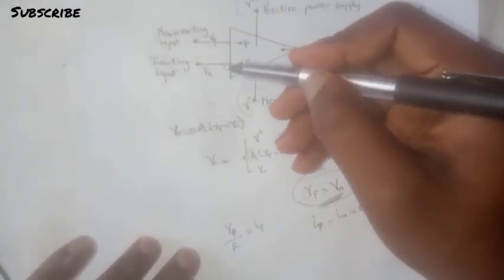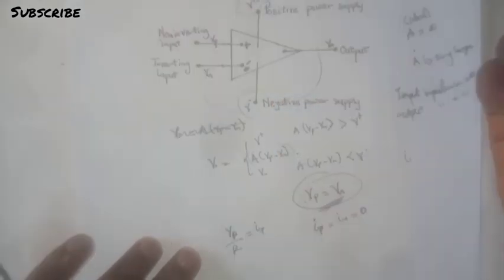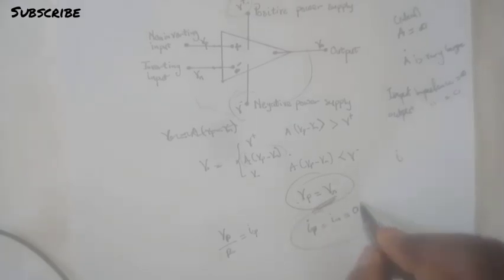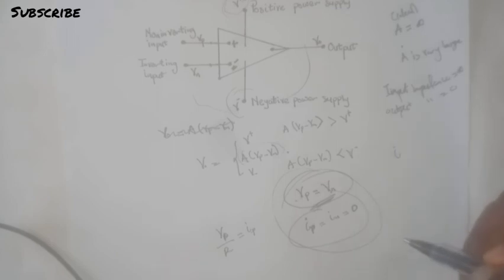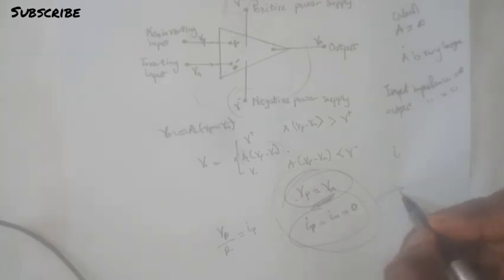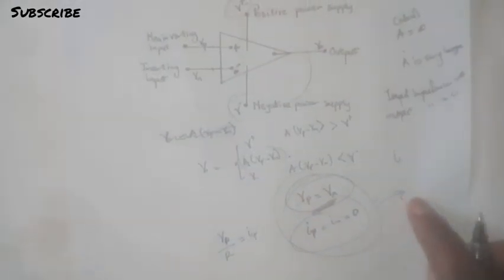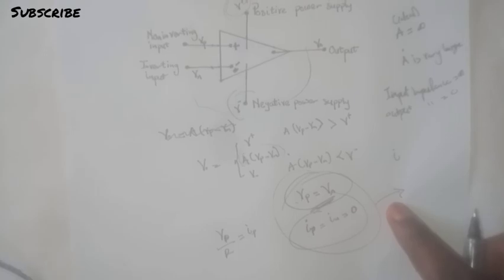The input current at the inverting input is also 0, and they are equal to one another. Establishing these two constraints will allow us to solve any questions on operational amplifier circuits and design circuits containing operational amplifiers.